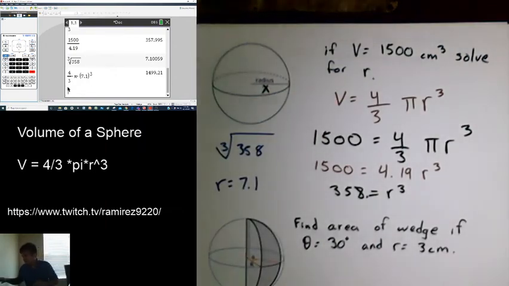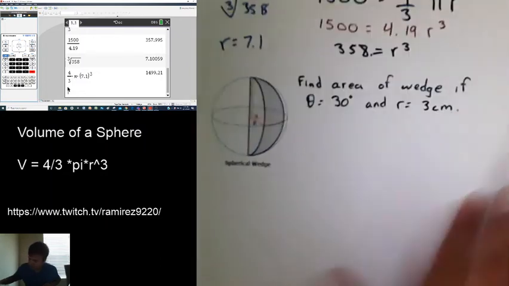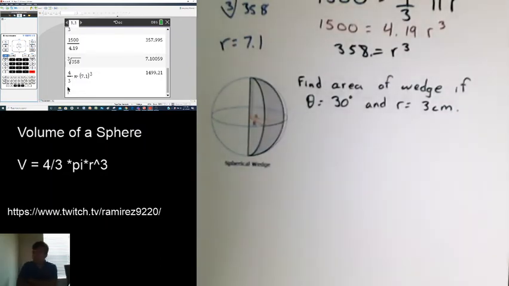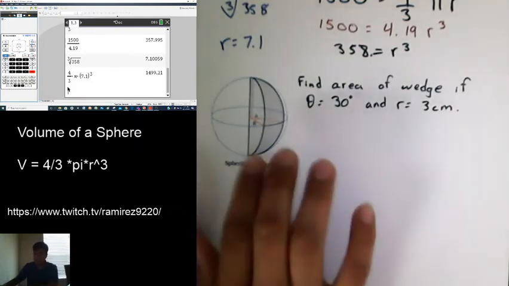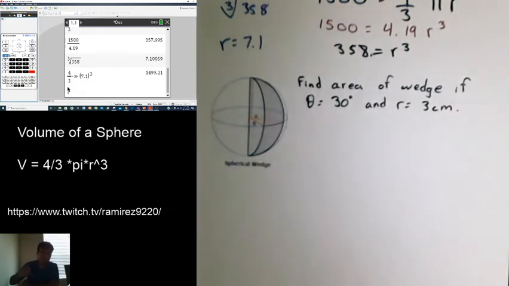Now, just like there was area of a sector, there are times when they're going to ask you to find the volume of a wedge. At least in our class, this is more of a foundational skill, so you probably won't see this, but I want to take this opportunity to show you.